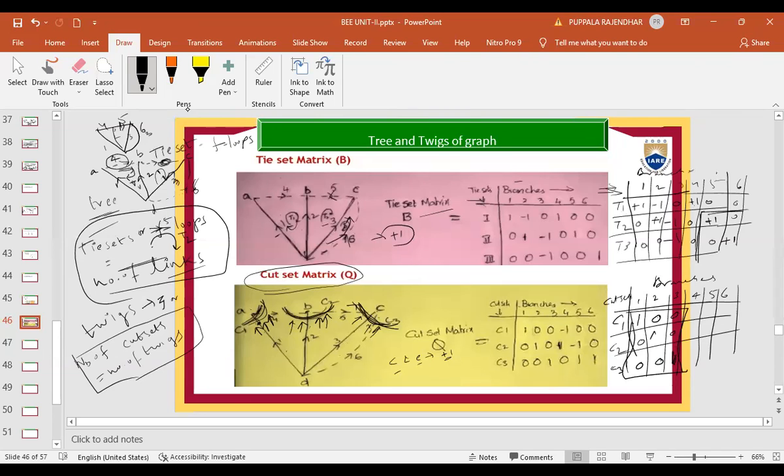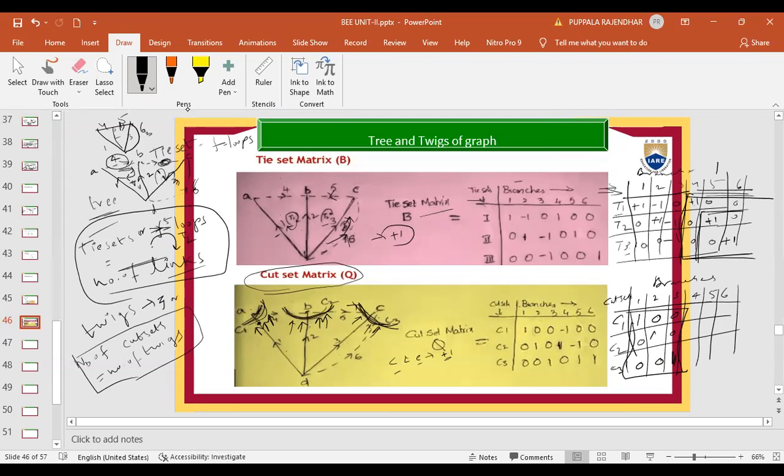Tie sets 1, 2, 3 are formulated because of the links 4, 5, 6. So directly we will get 1, 1, 1, and all the remaining elements are 0 here.